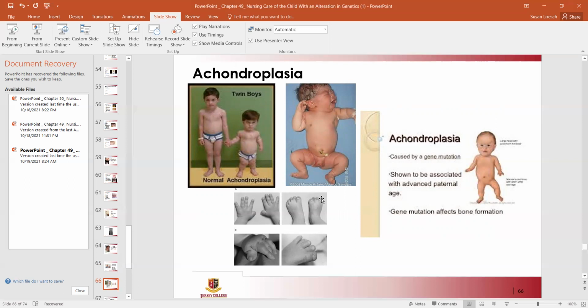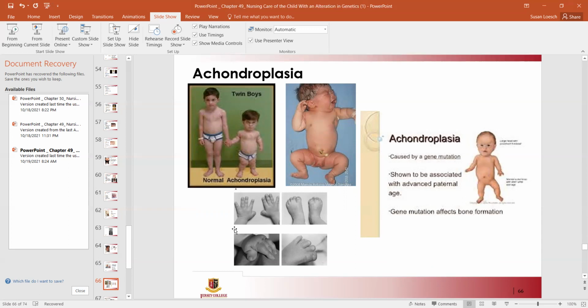Also, low nasal bridge with prominent forehead, mid-face hypoplasia, caudal narrowing of the spinal canal, megalocephaly, small foramen magnum. The hands are short and stubby with separation between the middle and ring fingers, called a trident hand, and delayed motor skills.